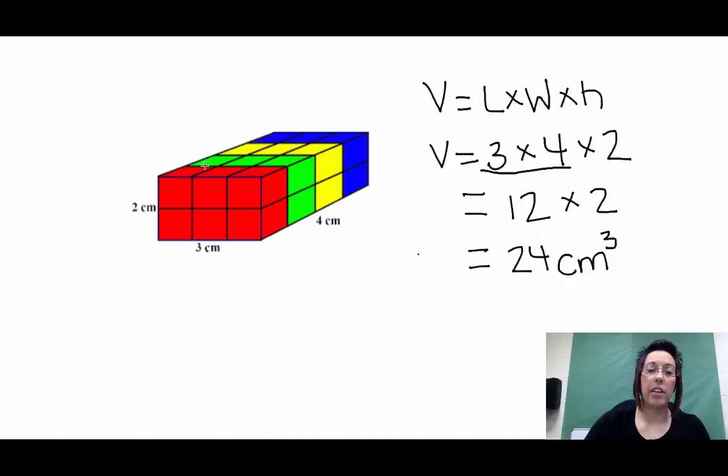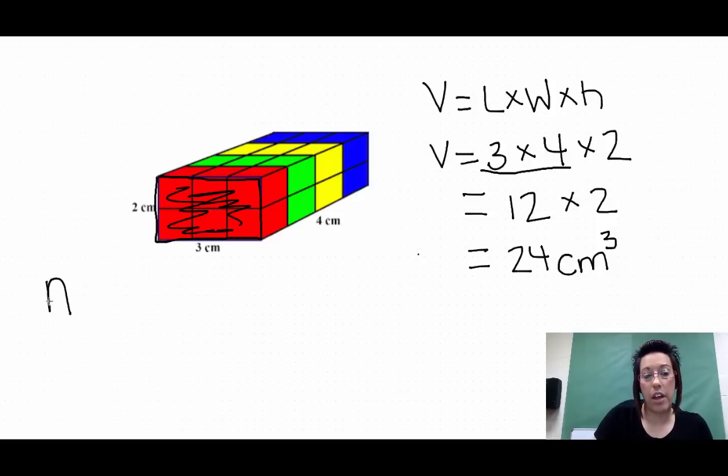Now volume calculates all of these little centimeter cubes that are making up this shape. If we wanted to know the area, it would just be of this one side right here and everything in this side. It doesn't go back to extend. So the area of this red end panel, area equals length times width.